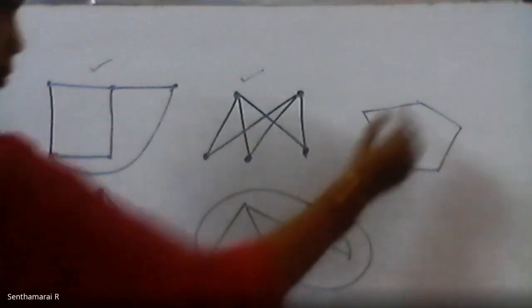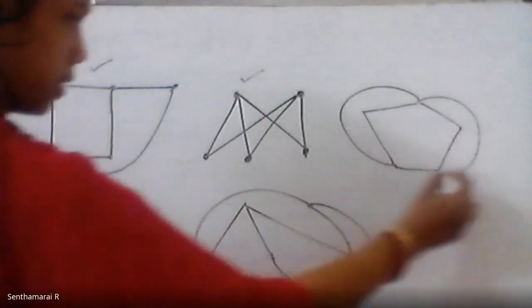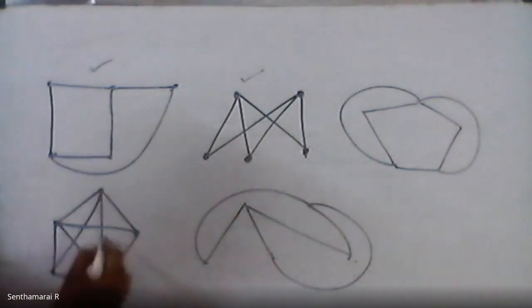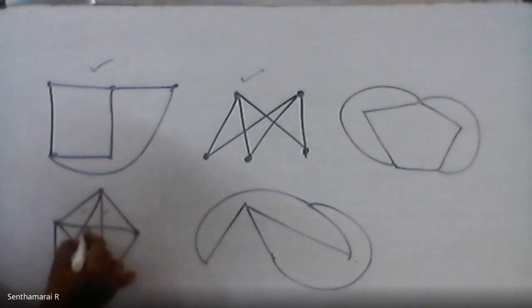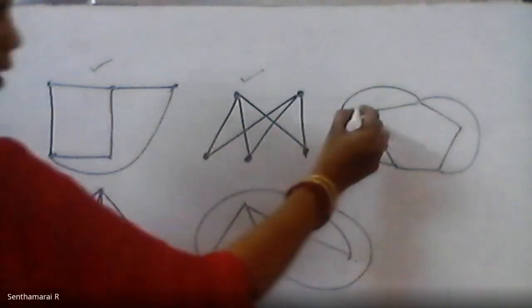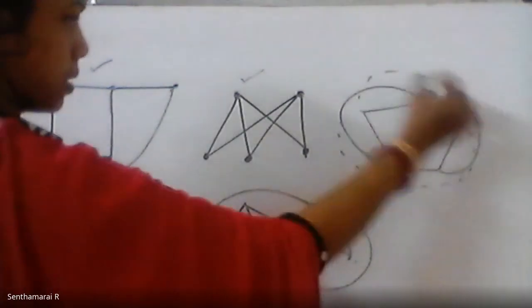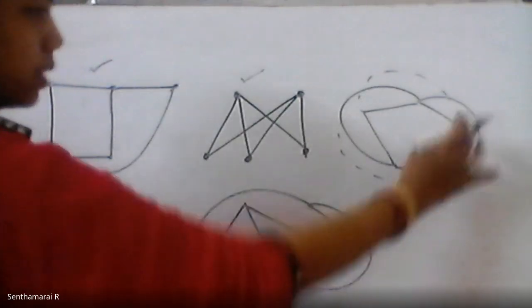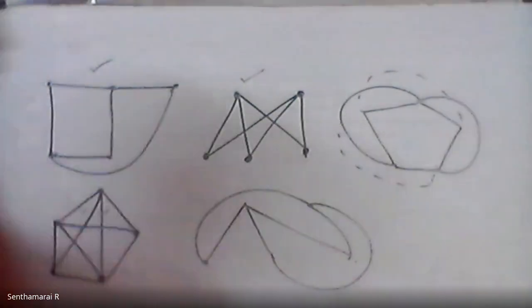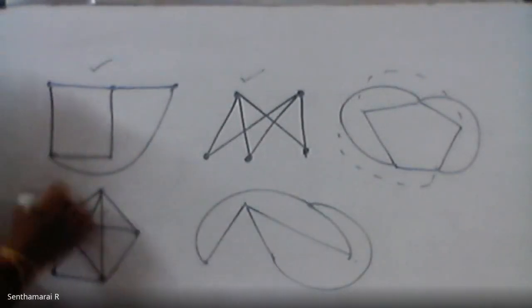When we try to mark them, these 2 edges we finish. What about these 2? They cannot connect without crossing of edges. The one edge is nowhere possible to draw without crossing some other edges. Therefore, it is not planar.